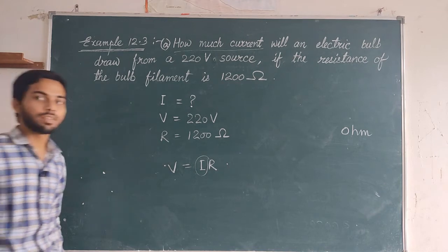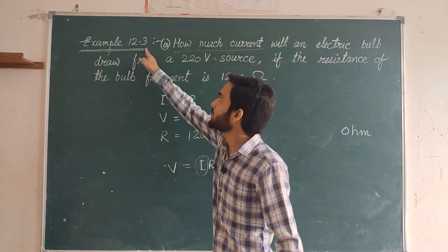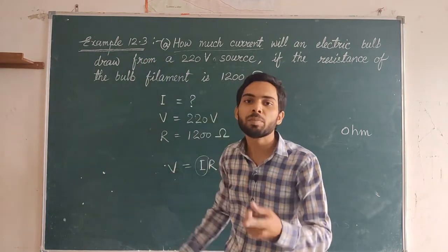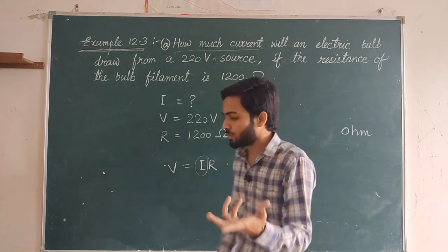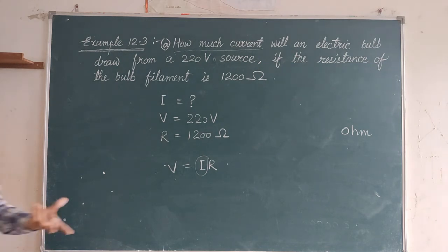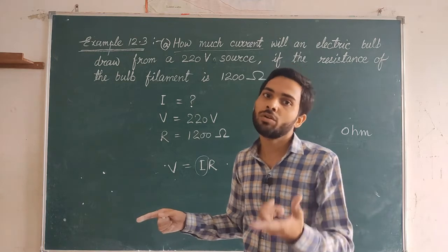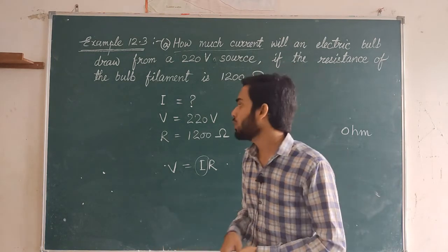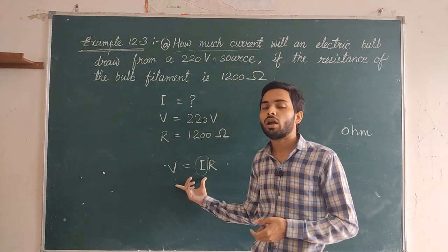Now coming to the second part of the question, that is part B of example 12.3. This is part A, and part B is also very simple. You can easily calculate what is being asked, how much current. In the second part also, the amount of current is being asked, so there also we will apply Ohm's law and calculate easily.